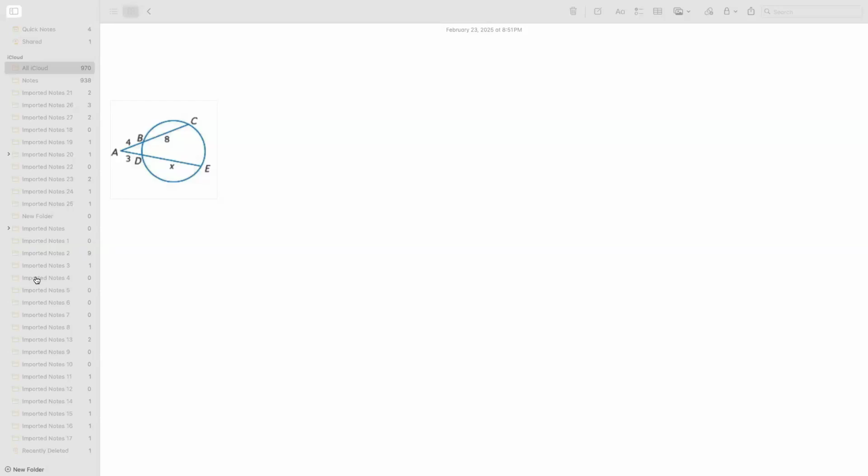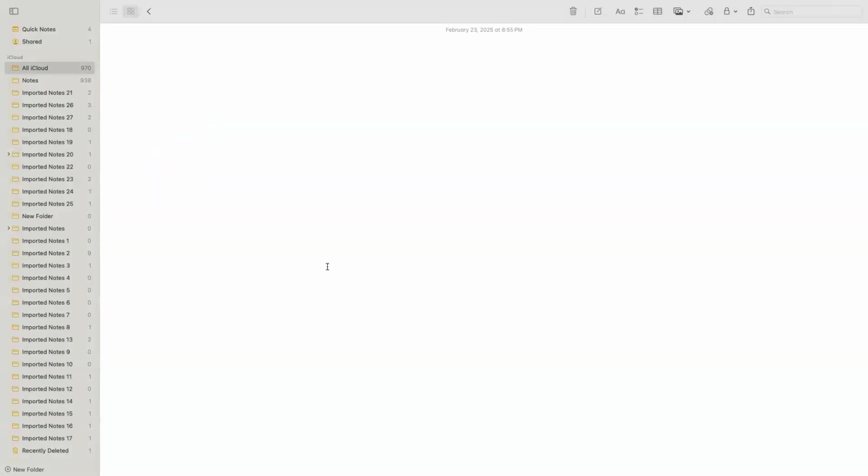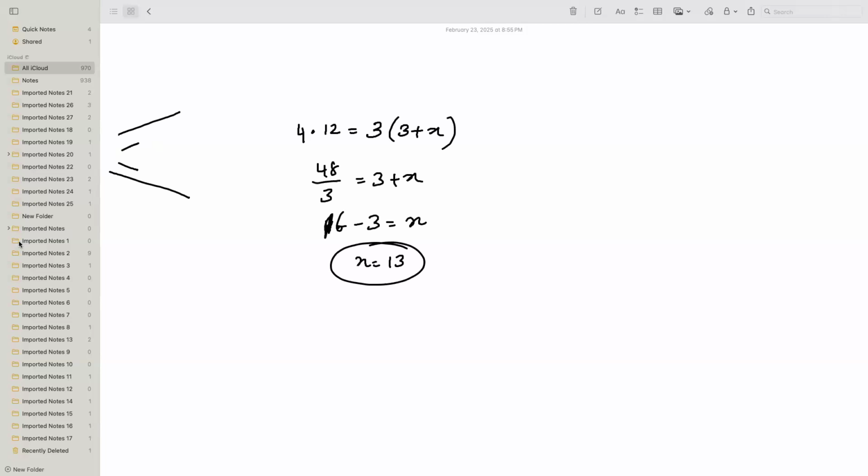60 minus 9 is 51. Wait, isn't 4 times a equal to 3 times x? Did I make a mistake? Those were two secants, right? Yeah, 4 times 12 equal to 3 times 3 plus x is what I got. So 3x plus 9 equal to 12 times 4, 48.